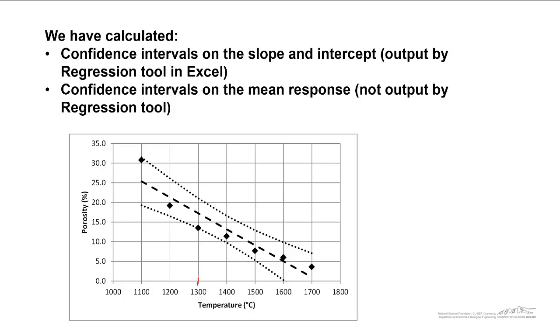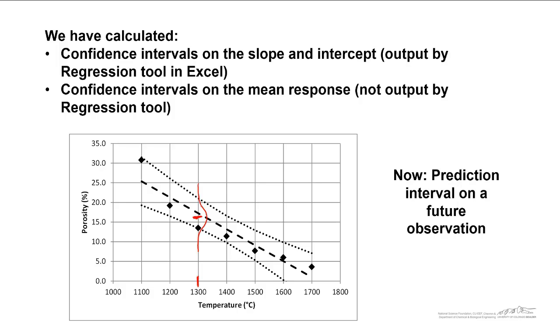For example, if we chose a temperature of 1300 over and over many times, there's a distribution associated with that. You're not always going to get the same number. And that distribution is centered about a particular mean, and that's known as the mean response. In this screencast, you're going to learn how to calculate prediction intervals on a future observation.